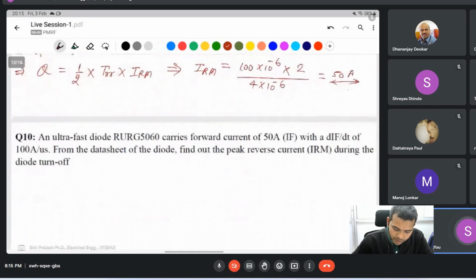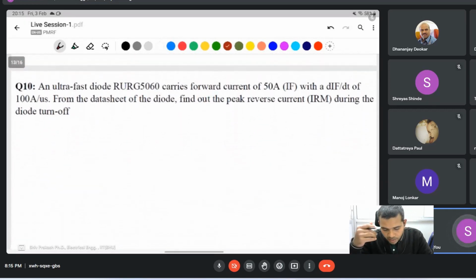And the next question is the final question, I think. Ultra fast diode means the reverse recovery time is less than in any other diode. An ultra fast diode or Schottky diode has a very short reverse recovery time. For switching purposes, you use it in SMPS, switch mode power supply, and converters like buck converter, boost converter, buck-boost converter, many types of converter.